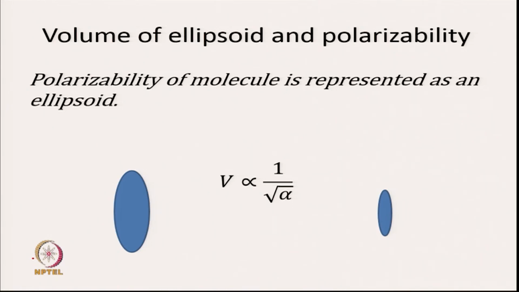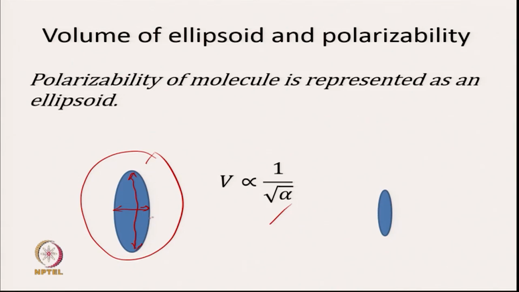The polarizability of a molecule is generally represented as an ellipsoid, and the volume of the ellipsoid is inversely proportional to the square root of alpha, where alpha is polarizability. So what does that mean? If you look at this ellipsoid, in this direction your volume is less, whereas in this direction your volume is more.